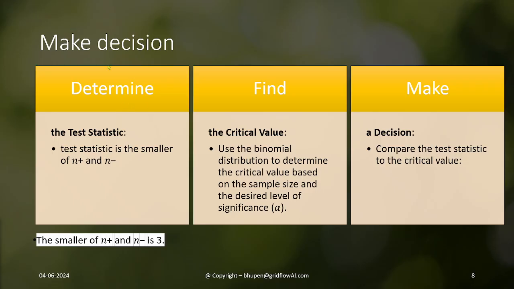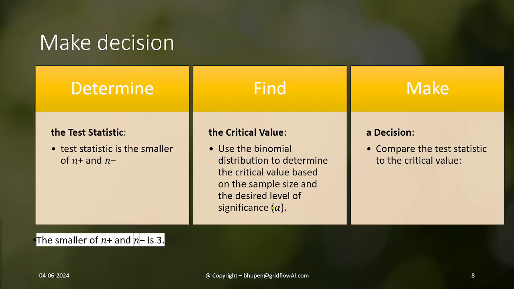Now we need to make a decision. First, determine the test statistic: the smaller of n plus and n minus, which would be 3 here. So we are going to use a test statistic of 3. Next, we find the critical value for the alpha that we have designed for the test.